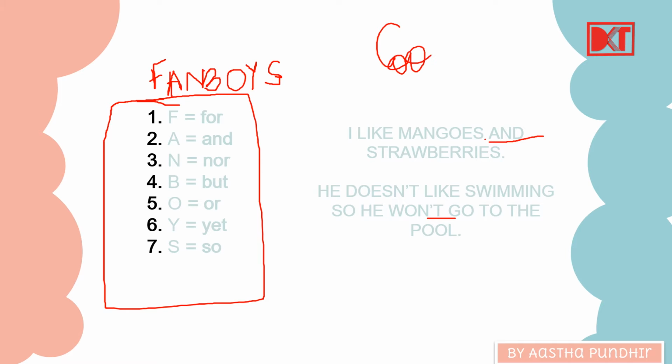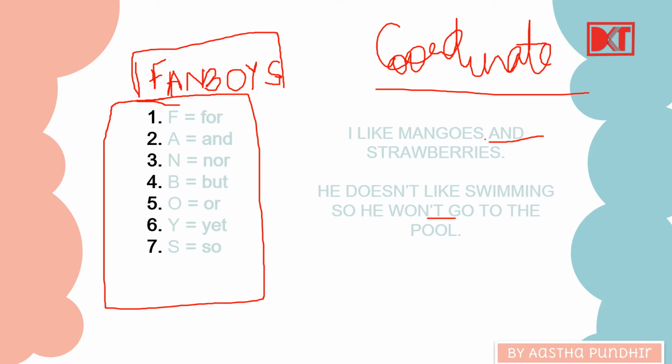Coordinating conjunctions का. क्या? Coordinate करना. Alright. So that's all for the coordinating conjunctions. And ये जो mnemonic है हमारा FANBOYS, you can use this to remember the various coordinating conjunctions.